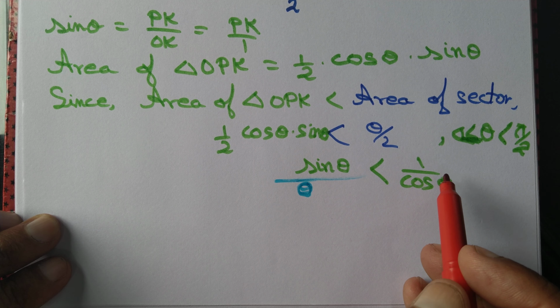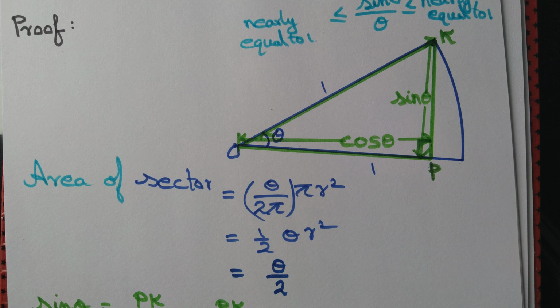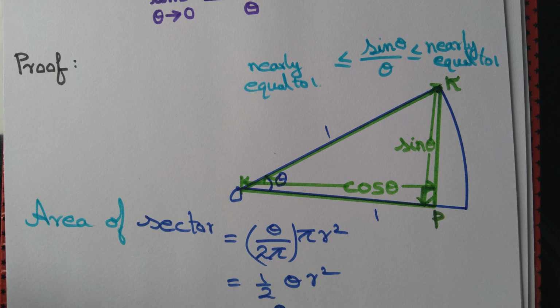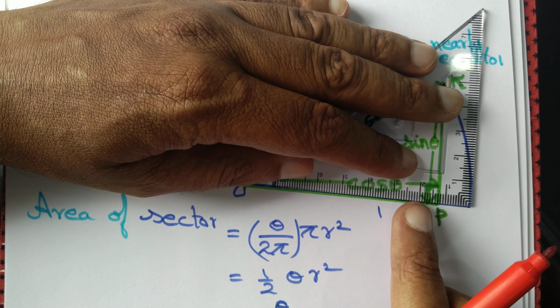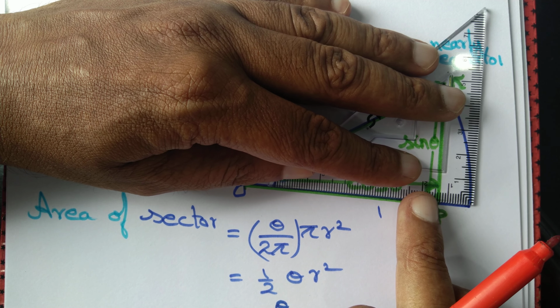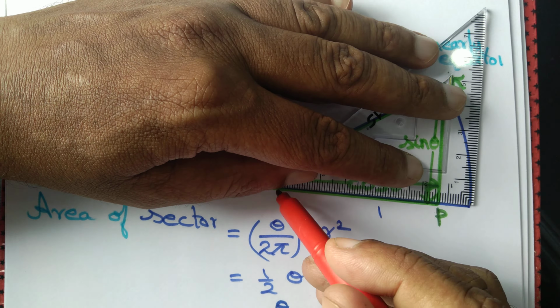So let's use another fact that the area of triangle is greater than the area of sector, but such a fact is not visible to us. So let's draw a triangle which is having bigger area. Can we draw it? Of course.